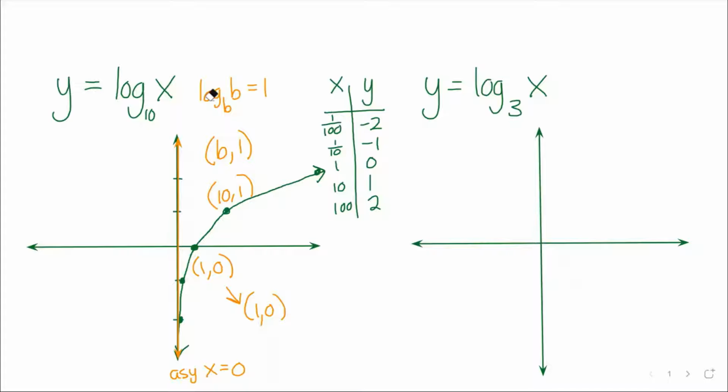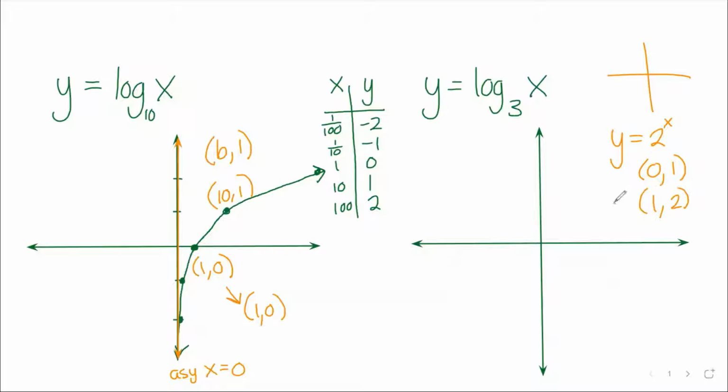So these points should look kind of familiar because they're just the flip of what we had when we were graphing exponential graphs. So just as a quick review on that, when we were graphing y equals 2 to the x, we said our main points were that when x was 0, y is 1, and when x was 1, y was 2.